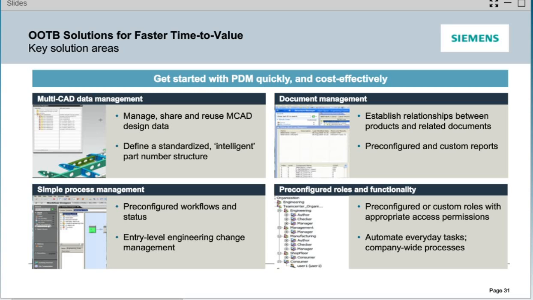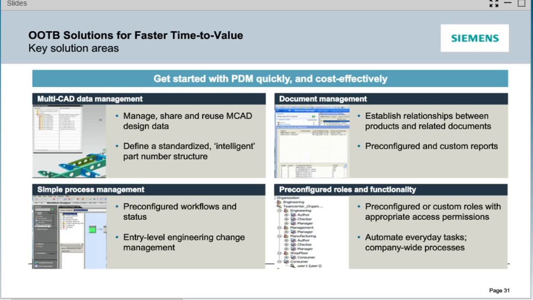We also have pre-configured reports in the system, but at the same time, you can create your custom reports. We also have pre-configured workflows. We've looked at what the standard industry workflows are and pre-configured those in the system. At the same time, you can create or configure your own or modify the ones that come out of the box.